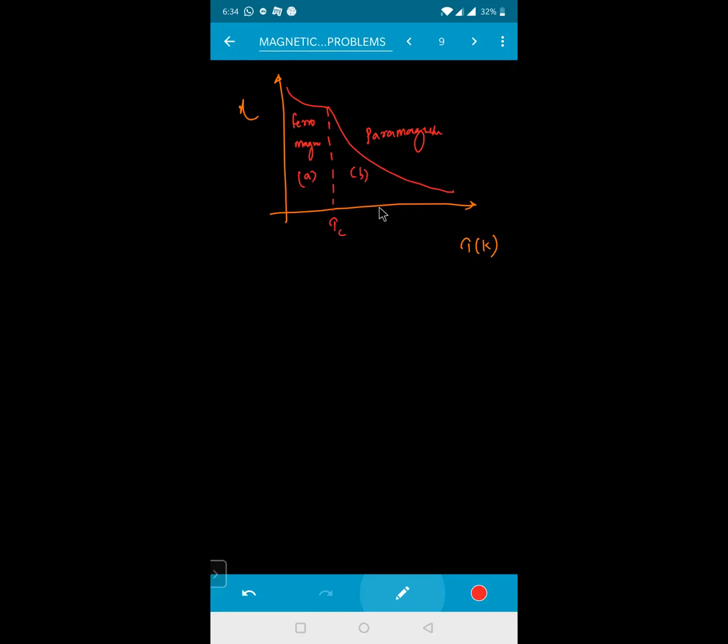So for paramagnetism, the critical temperature is how much? Zero. So that is the reason we write susceptibility is inversely proportional to 1 by T minus Tc. This is known as the Curie law. When T is greater than the Curie temperature, susceptibility will be equal to C divided by T minus Tc.